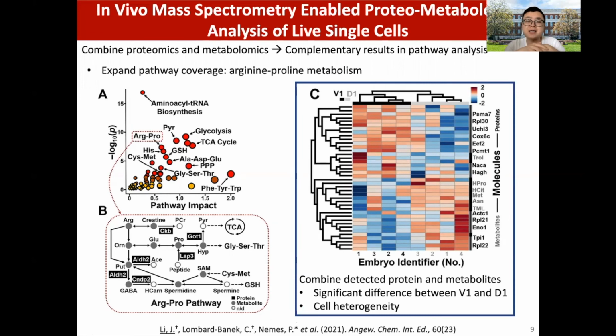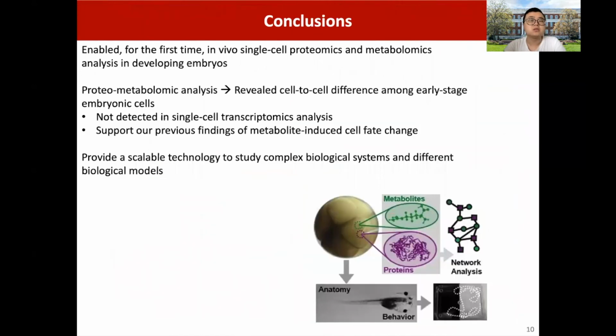Using the combined proteomics and metabolomics data, we were also able to identify the cell-to-cell difference between V1 and D1. This allows us to discover the cell heterogeneity among early stage embryonic cells. So in conclusion, we enabled for the first time in vivo single-cell proteomics and metabolomics analysis in a developing embryo.